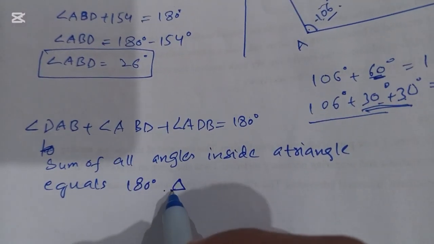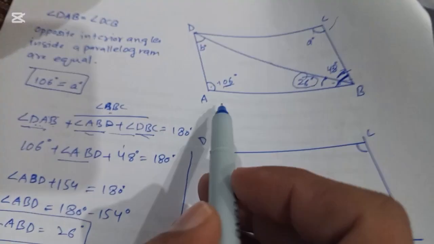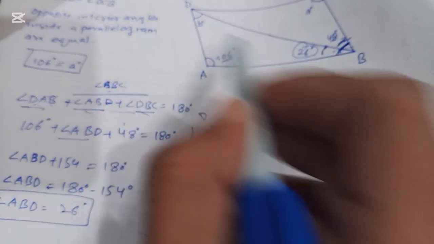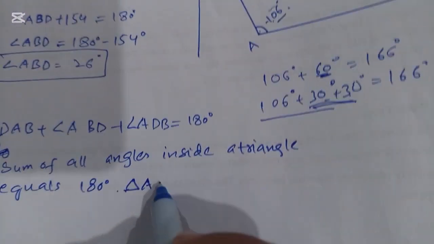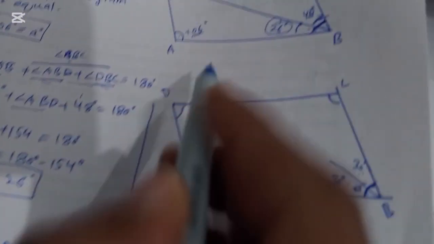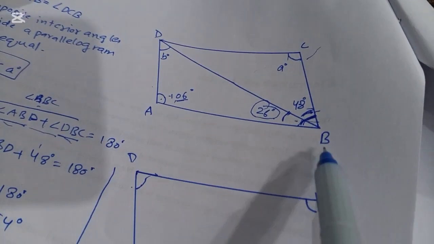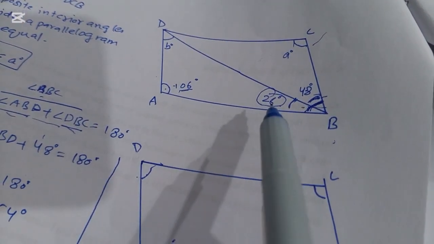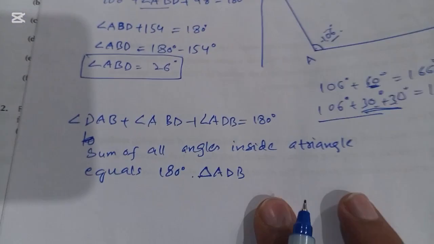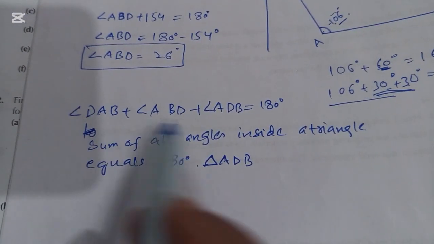And we'll mention the triangle and its vertices are A, D and B. This one vertex, this one vertex and this one vertex, these are three vertices of a triangle. So I mentioned that. So the sum of all angles inside a triangle equals 180 degrees.